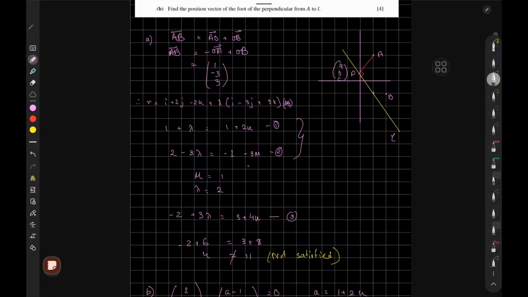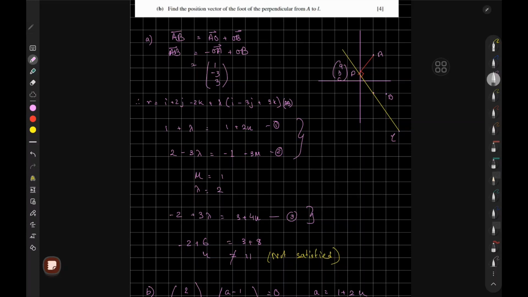Nice. So if you use your calculator, you plug in the values and solve them simultaneously, and you're going to get the values for mu and lambda, which are going to be 1 or 2. So what do you do next? You bring in the third equation, which is for k, the z axis, whatever you want to call it.